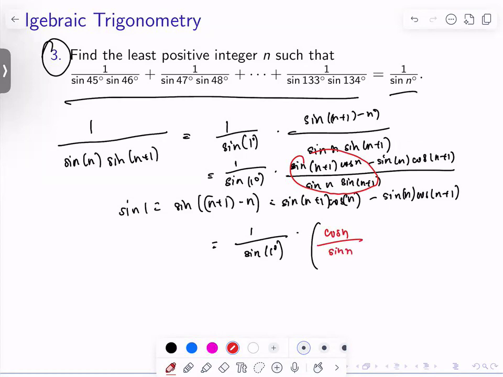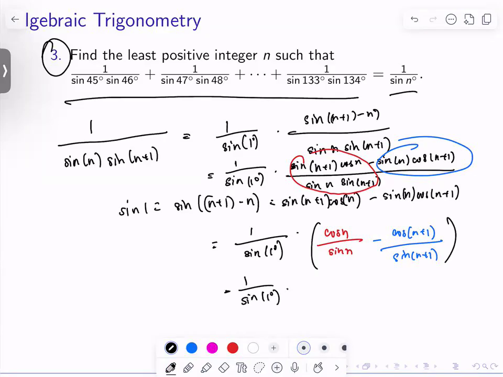And if you divide this part by the denominator, then the sine n's would cancel out, so you would get minus cosine n plus 1 over sine n plus 1. And then what you would end up getting is 1 over sine 1 degrees times cotangent of n degrees minus cotangent of n plus 1 degrees.